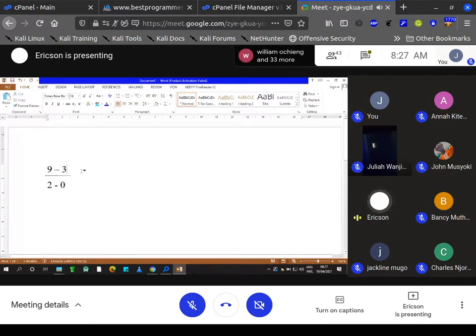9 minus 3 will give you 6, and then the other one, don't write it this way in your exercise books.